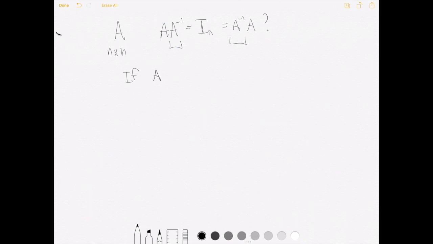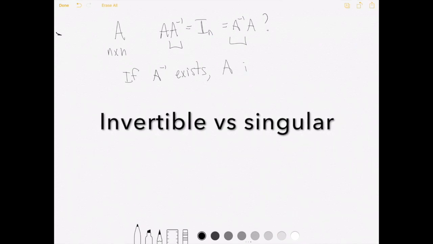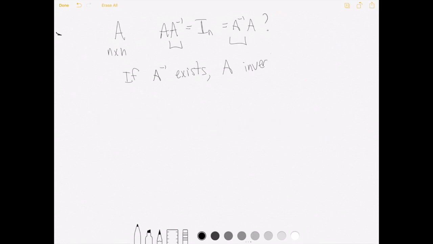If A inverse exists, then we say A is invertible or non-singular.